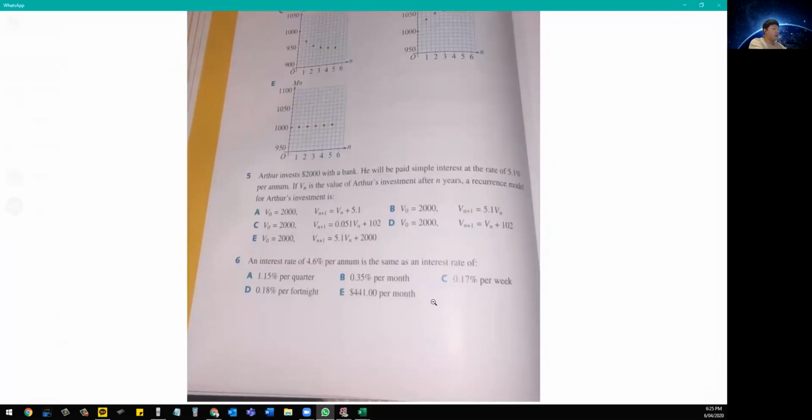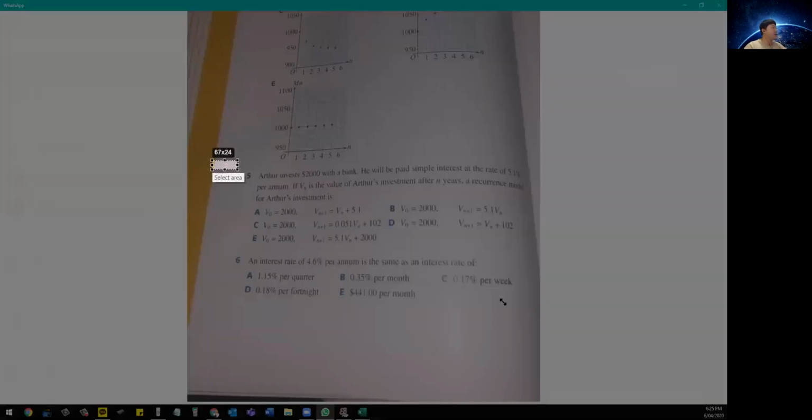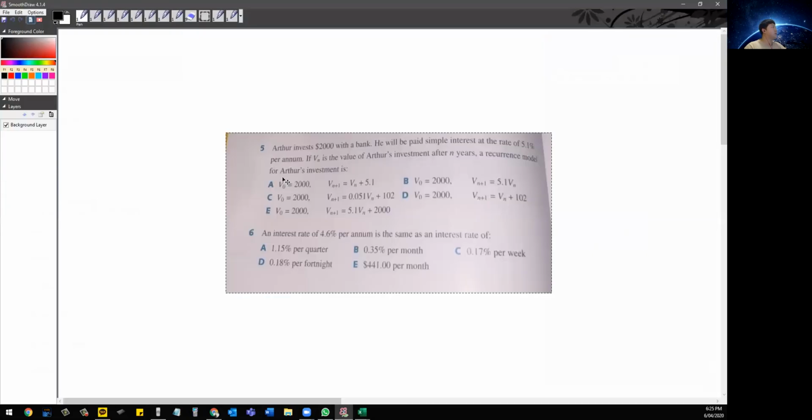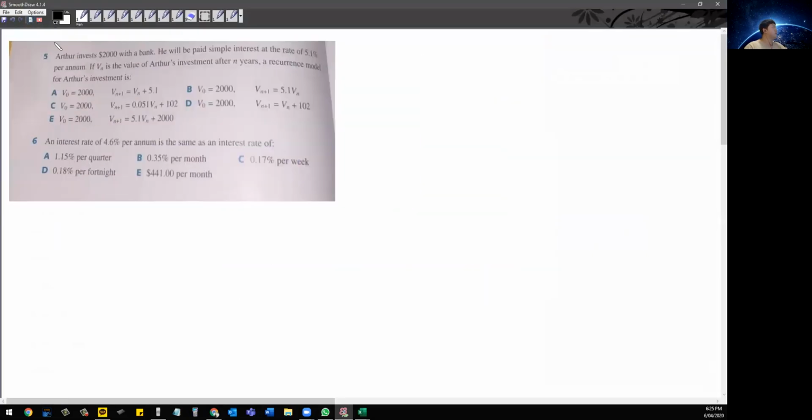Question 5 and 6. Let's try question 5 and 6. So Arthur invests $2,000 with the bank. He will be paid simple interest at a rate of 5.1% per annum.